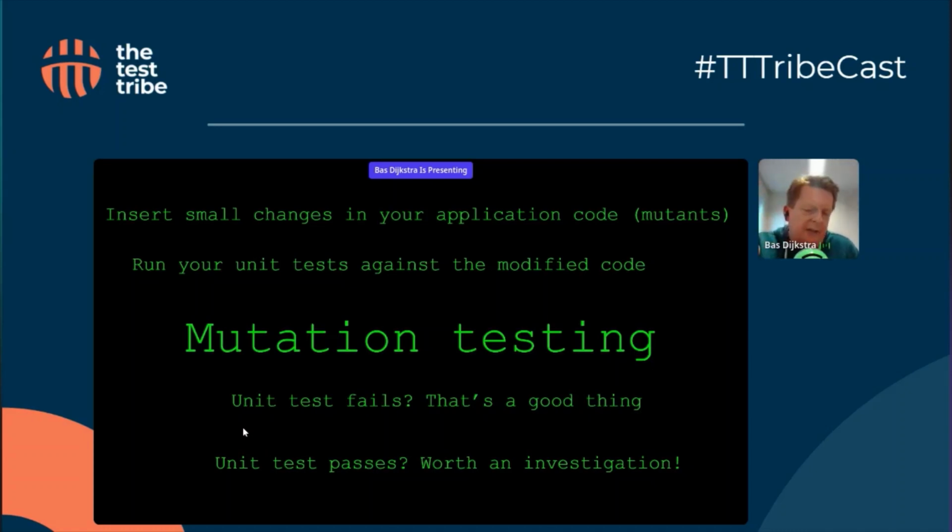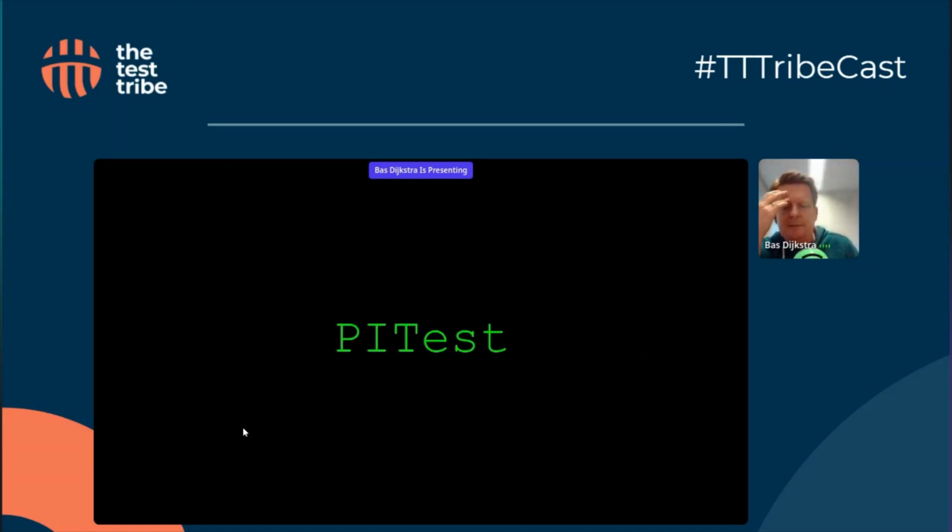But that's just one of the potential outcomes. You'll see a couple of potential outcomes and results from mutation testing signals in the demo. We'll go into the demo in a couple of minutes. But if there's a change that goes undetected by your unit tests, it's time to do some work there.